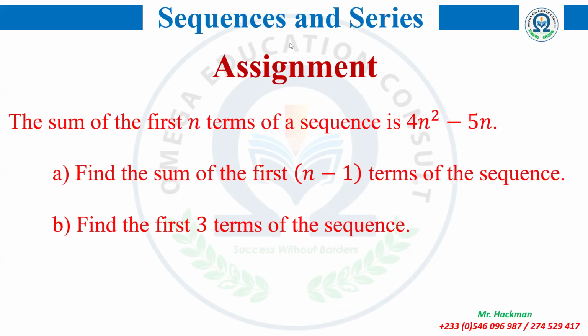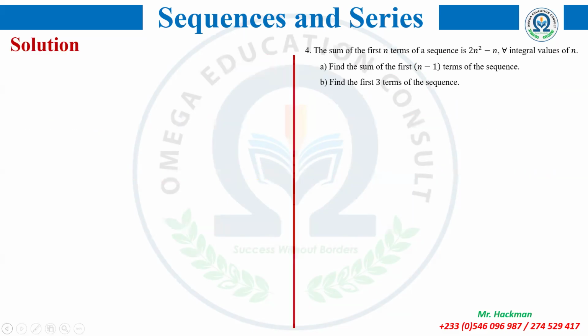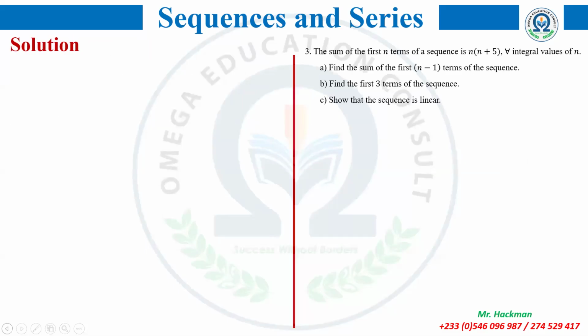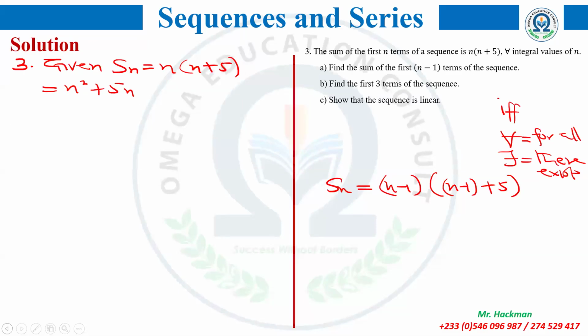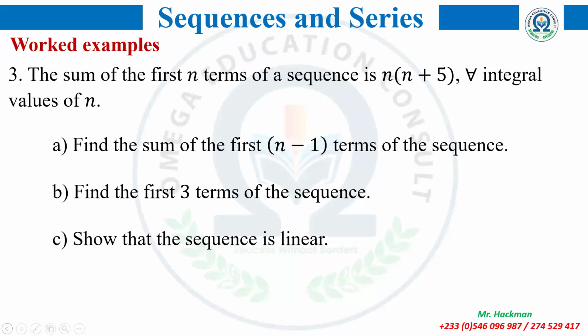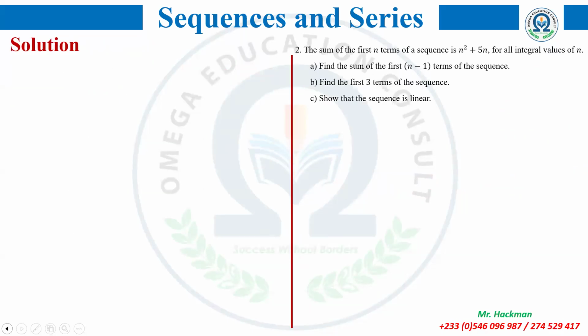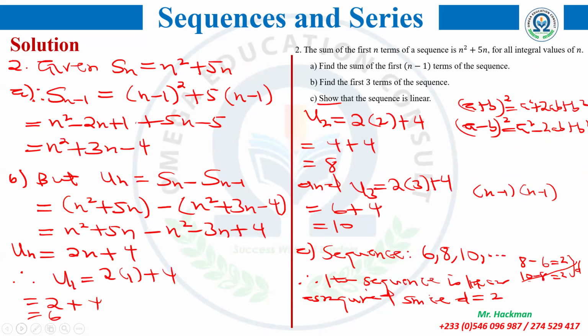Yes. Okay, so at this point, I'm bringing the lesson to a close. Today we've done the summation notation, which is the same as the sigma notation. And we've looked at the relationship between the general term and the sum of the first n terms of any sequence.